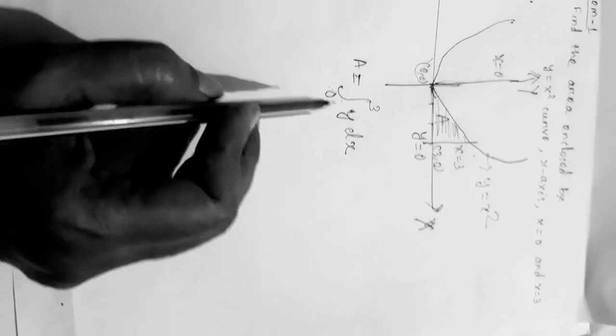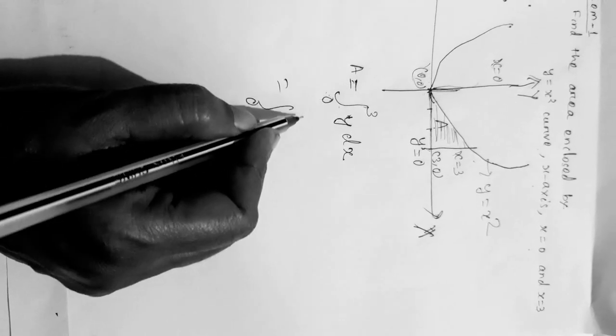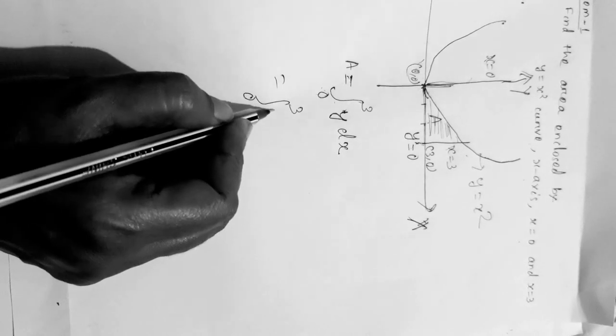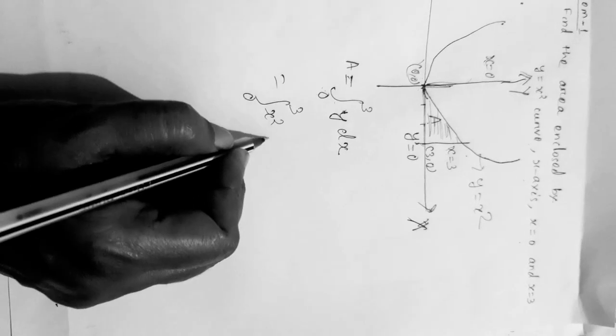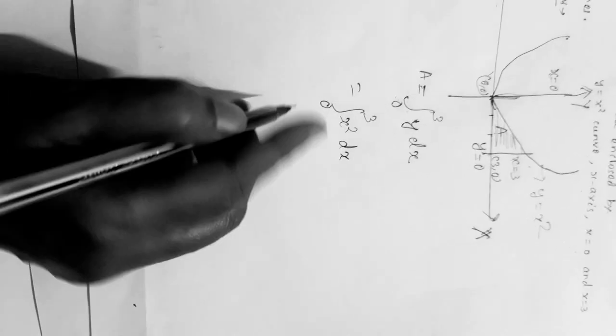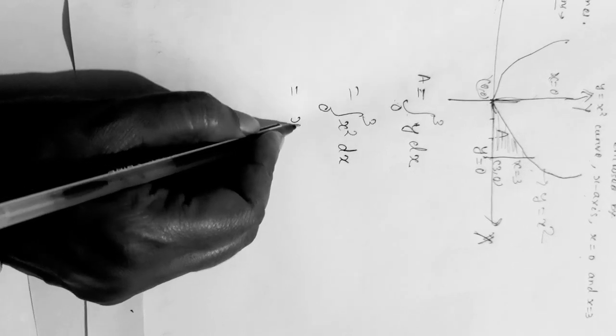So you have to evaluate this definite integral. In place of y, just write x square, as the equation of this curve is y equal to x square. Here we have got a simple definite integral.